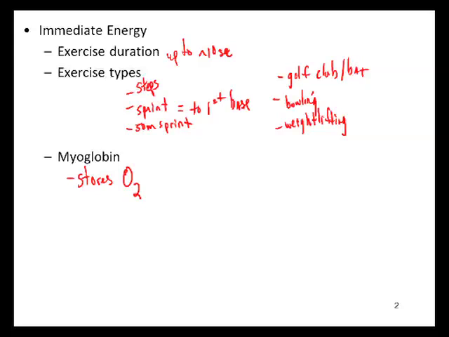Myoglobin is, in a way, a cousin to hemoglobin. It doesn't store a lot of oxygen, but it stores enough to allow for a small amount of aerobic respiration. So that stored oxygen allows aerobic respiration to occur.